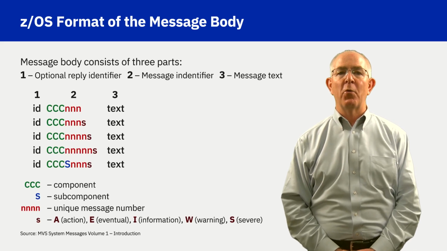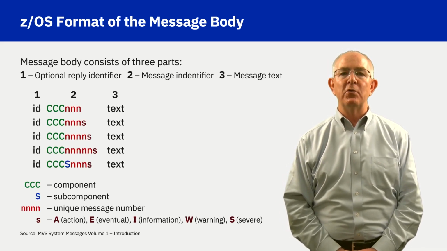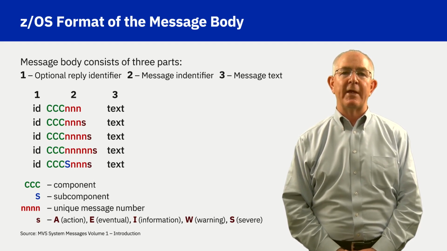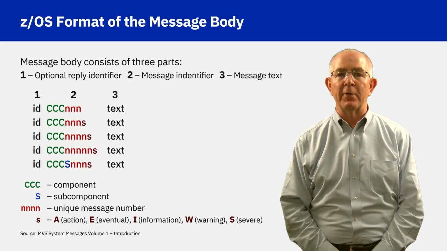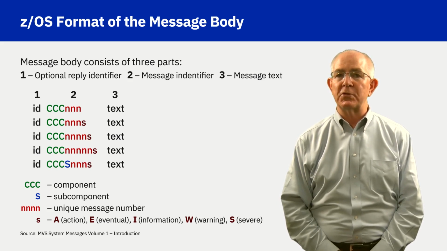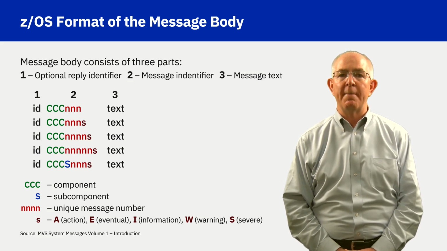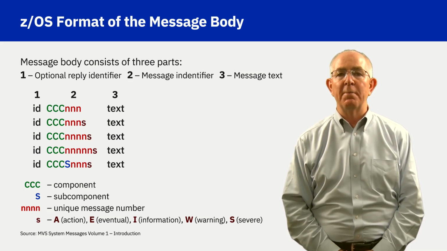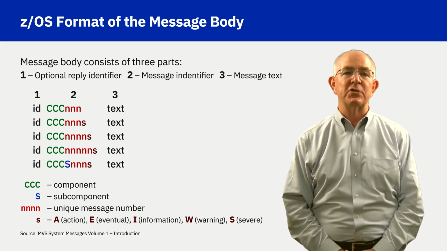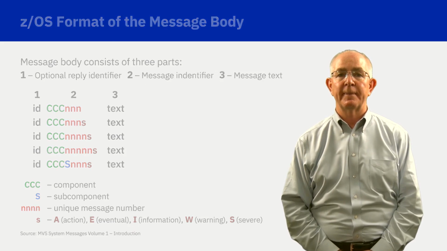The chart shows more detail about z/OS message format. Part 2 of the message format has a message identifier that begins with the unique component prefix, optional subcomponent characters, a unique message number for the component, and finally, an optional message suffix such as I that would identify the message as informational.